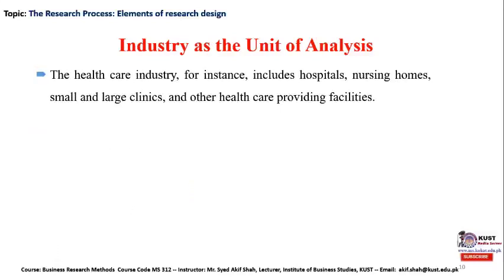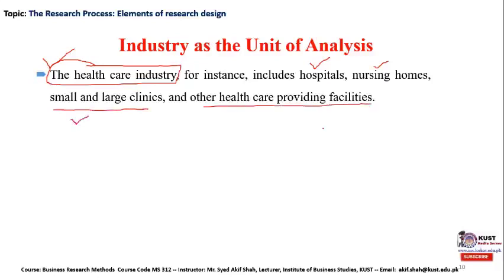For instance, let's take one of the industries, like healthcare, from our previous example. The researcher is interested in aggregating the data related to the healthcare industry. So the researcher will have to include hospitals in the healthcare industry, nursing homes, small and large clinics, which could be private clinics, and other healthcare providing facilities like manufacturers of surgical equipment and medicines.